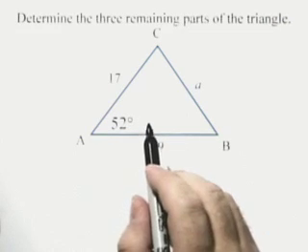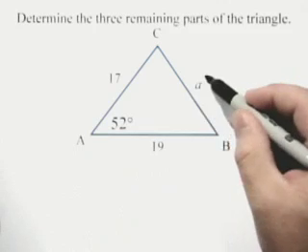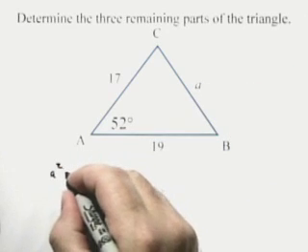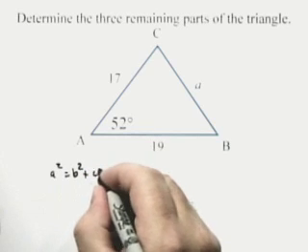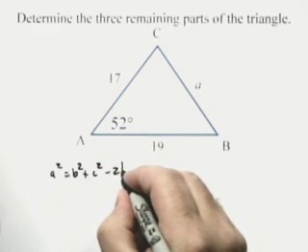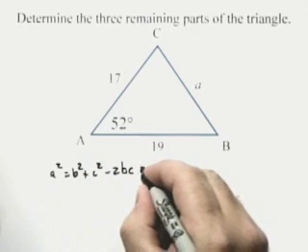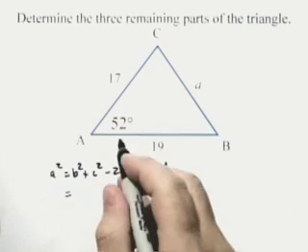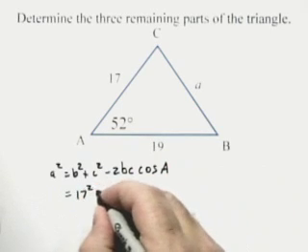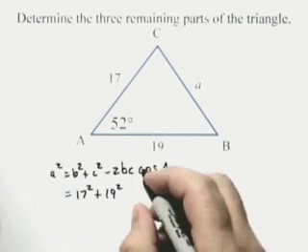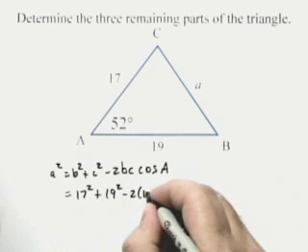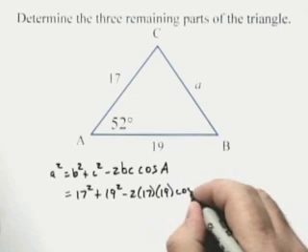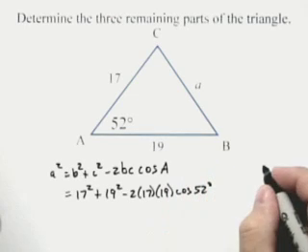We're going to use the law of cosines to find the third side, A. We'll have A squared equals B squared plus C squared minus 2BC times the cosine of angle A. And plug in our values, give us 17 squared plus 19 squared minus 2 times 17 times 19 times the cosine of 52 degrees.